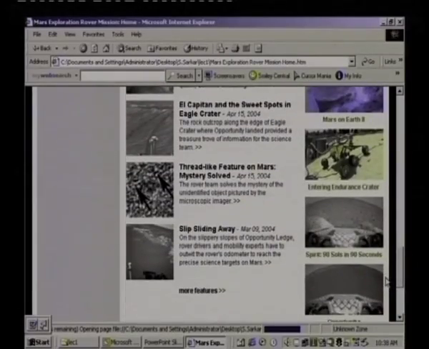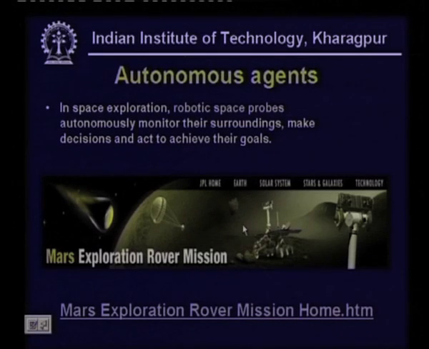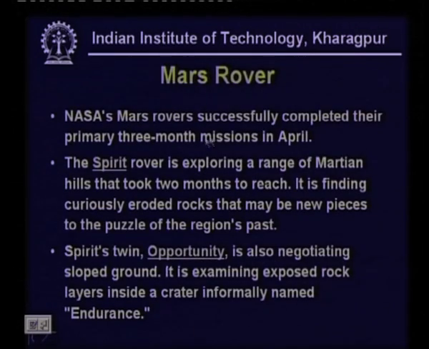And there are so many other news about these two space rovers. The Spirit rover is currently exploring a range of Martian hills that took 2 months to reach. It is finding curiously eroded rocks that may be new pieces to the puzzle of the region's past.